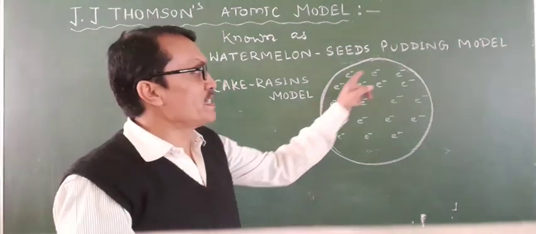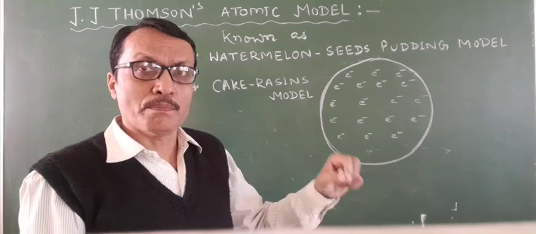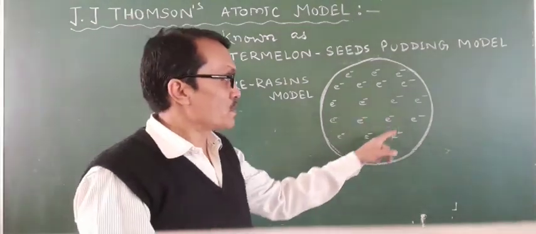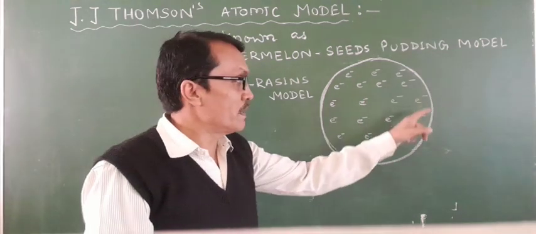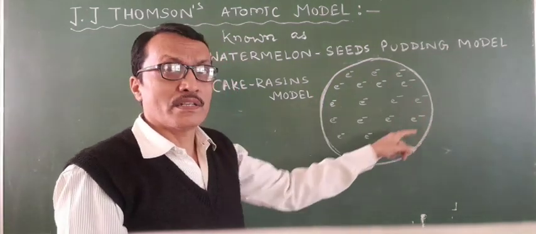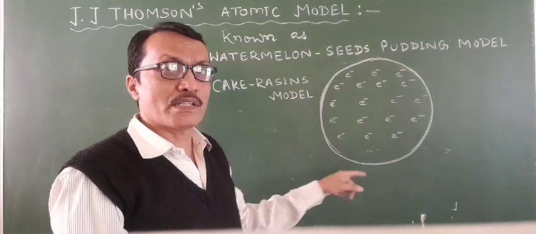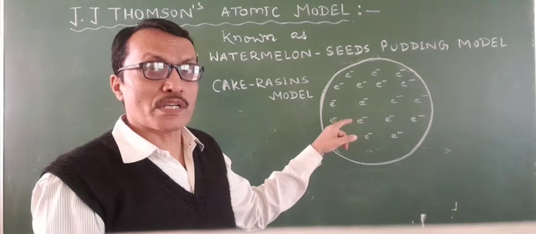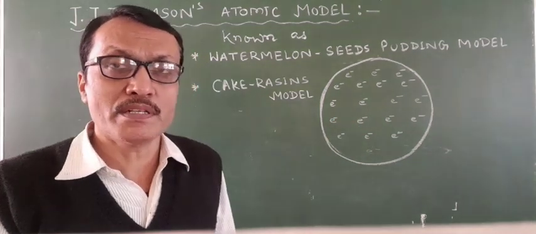Only negatively charged particles embedded into the positively charged sphere have been shown. So, according to J.J. Thomson, an atom is like this, in which the uniform positively charged particles are distributed everywhere in this sphere and negatively charged particles are embedded into it.